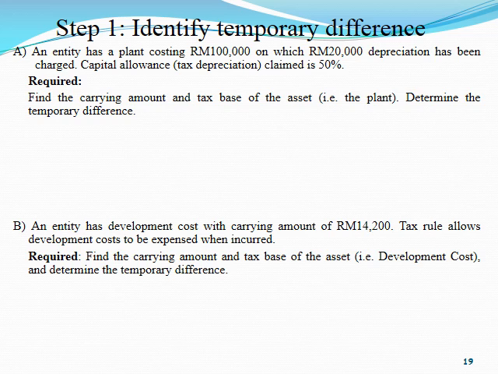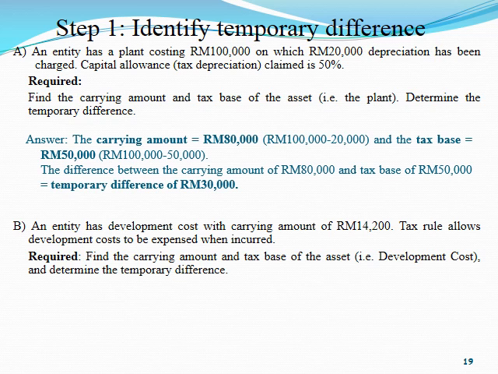A. An entity has a plant costing Rm 100,000, on which 20,000 depreciation has been charged. Meanwhile, the capital allowance tax depreciation claim is 50%. So how much is the carrying amount and tax base of this plant, and how much is the temporary difference?